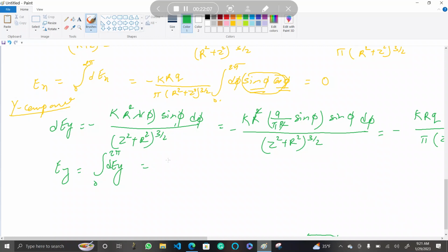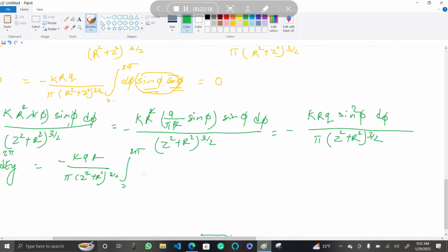This gives me minus kq r by pi, z square plus r square to the power 3 by 2, integral from 0 to 2 pi of sin square phi d phi.